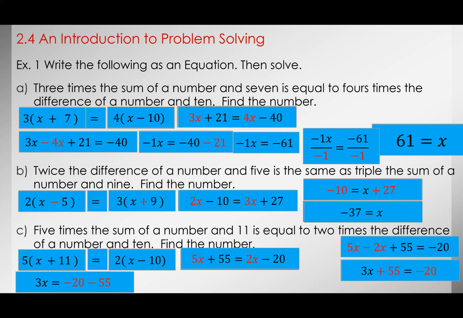My 55 on the left is positive, so when I move it to the right, it becomes negative, which gives me negative 20 and negative 55 to give me negative 75. And again, I need to divide this by 3. If I divide this by 3, everybody agree that x is equal to negative 25.